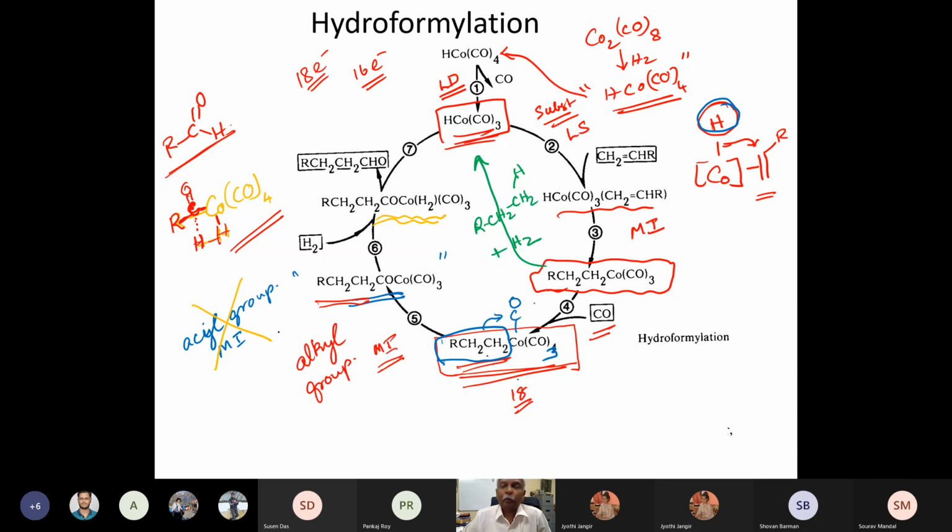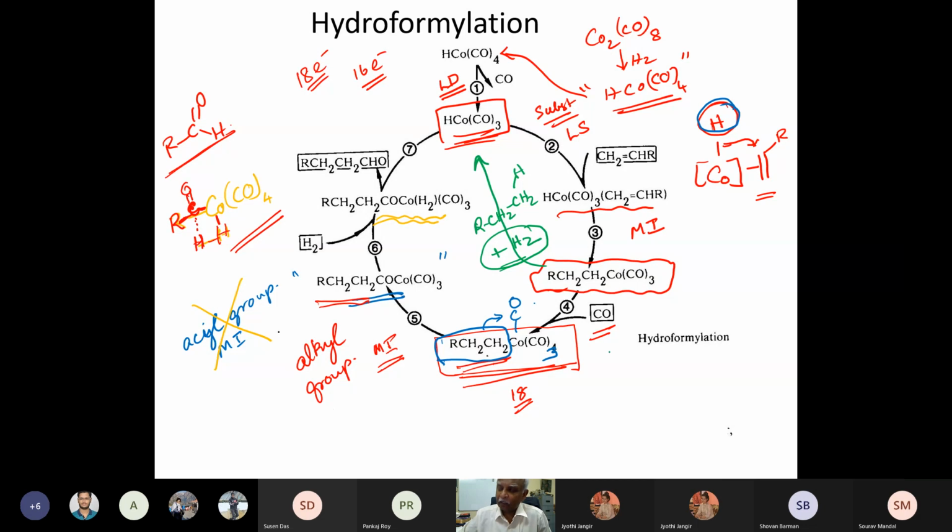The way in which the reaction works is another addition of carbon monoxide, which is faster than the reaction of this species with H2. So the rates of these reactions are critical. If the rate of this reaction is slow and if the hydrogen reaction is faster here, then you're going to end up with a hydrogenation reaction, right?